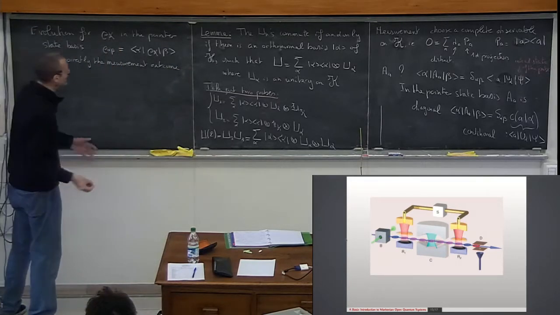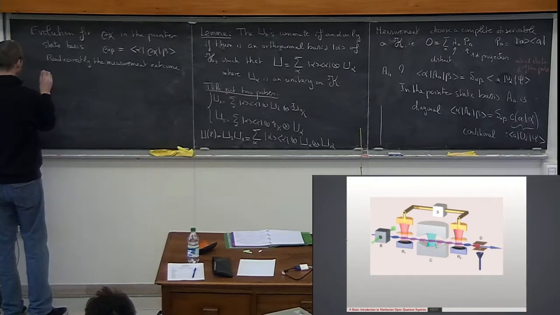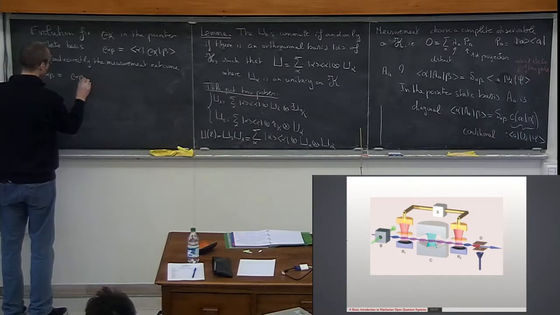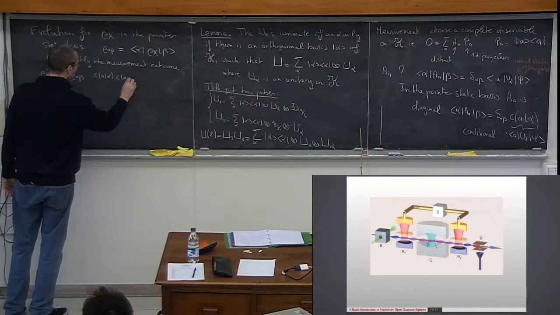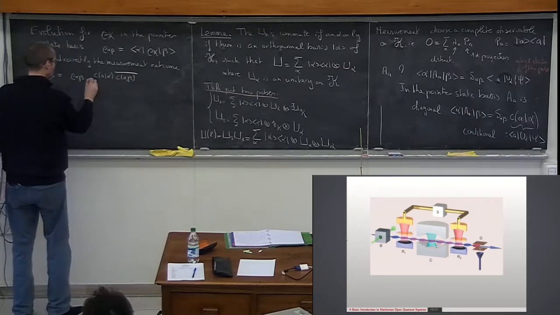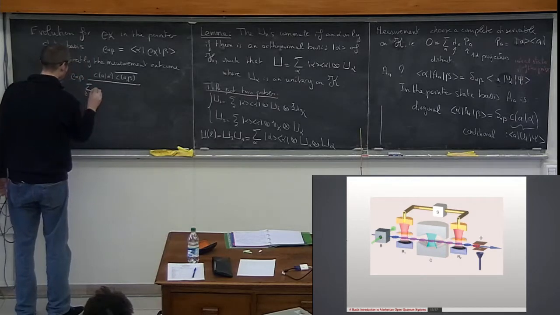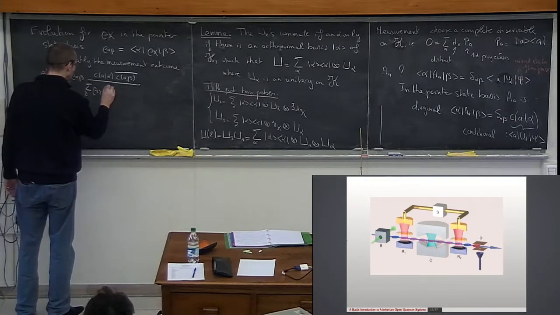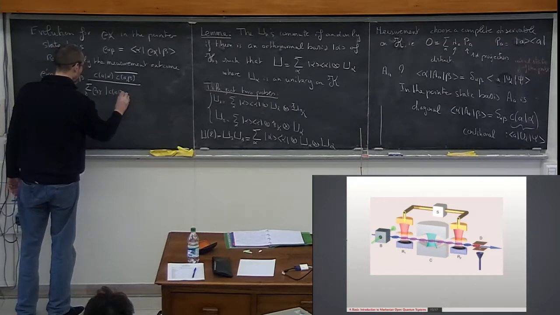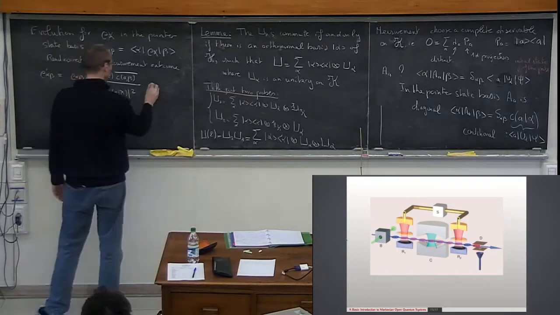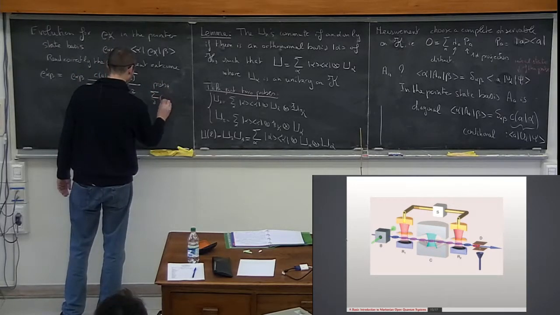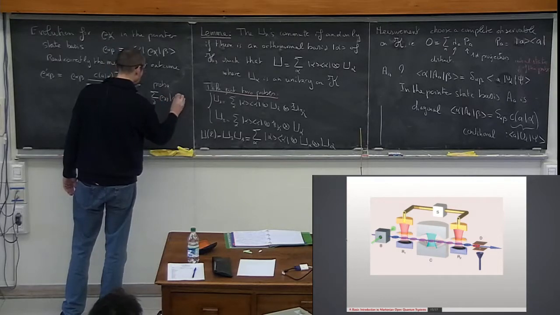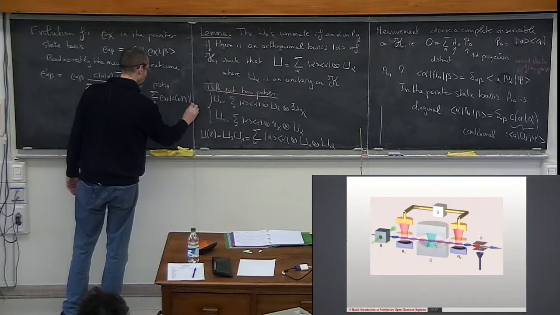Well, if you translate just the general equations, what you see is that rho prime alpha beta is going to be rho alpha beta C of A alpha C of A beta bar divided by sum over gamma rho gamma gamma modulus of C of A gamma squared, and this happens with probability sum over gamma of rho gamma gamma modulus of C A gamma squared.